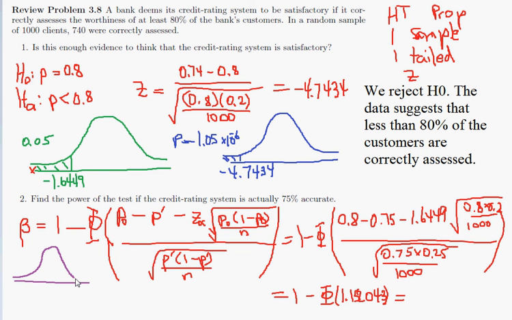So remember, phi is the area to the left of the bell curve. So 1.15 will be about here. Phi is the area to the left, so 1 minus phi would be the area to the right. And so using our technology, this works out to be 0.1247.